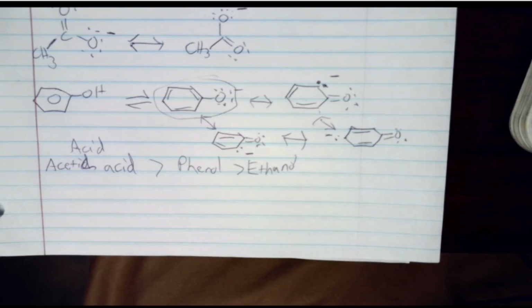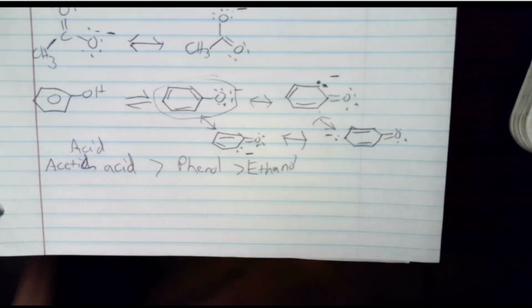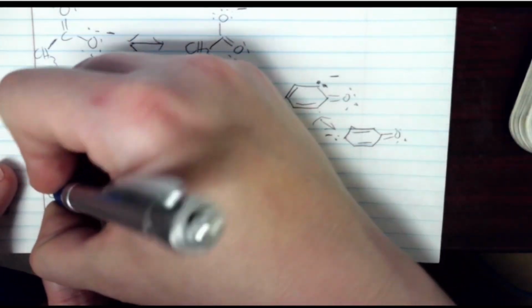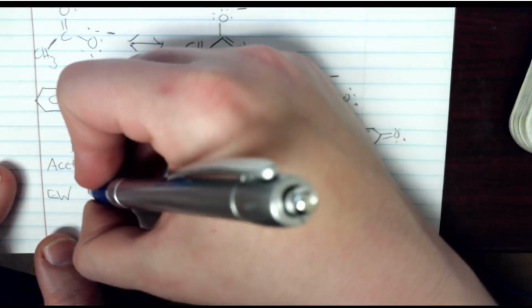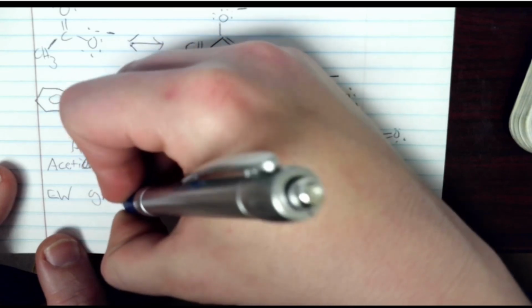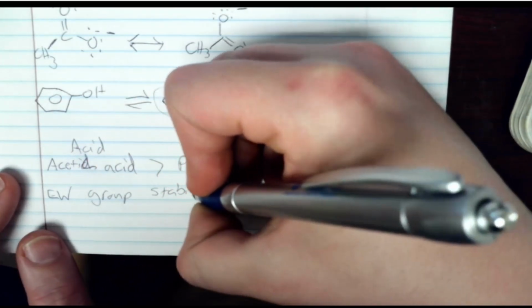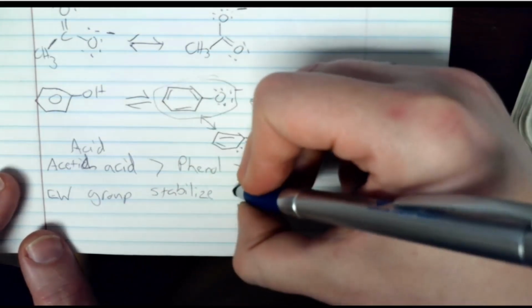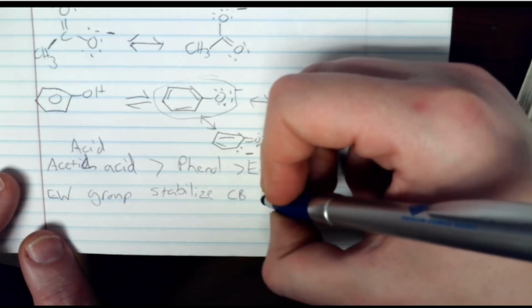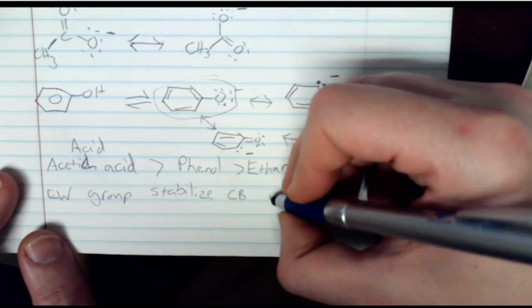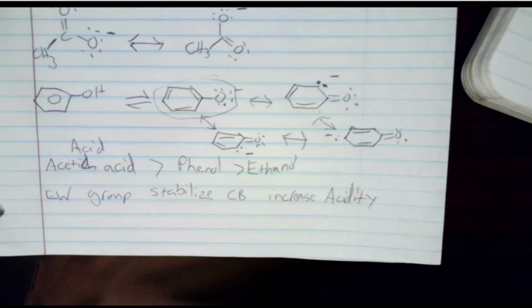So now, if there is an electron withdrawing group present, this will stabilize the conjugate base, which will increase acidity.